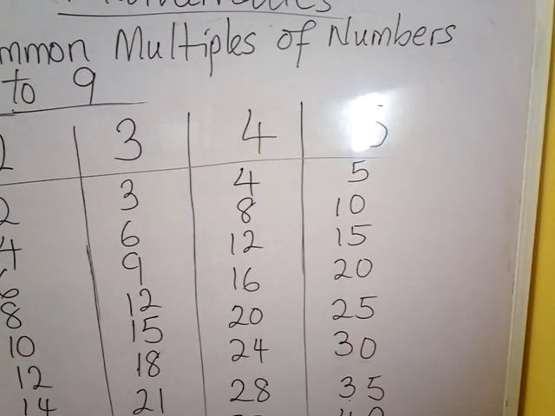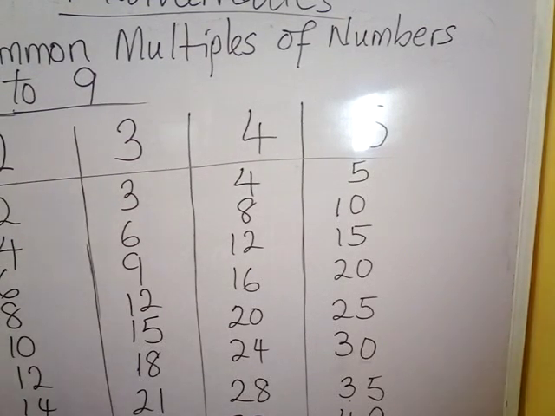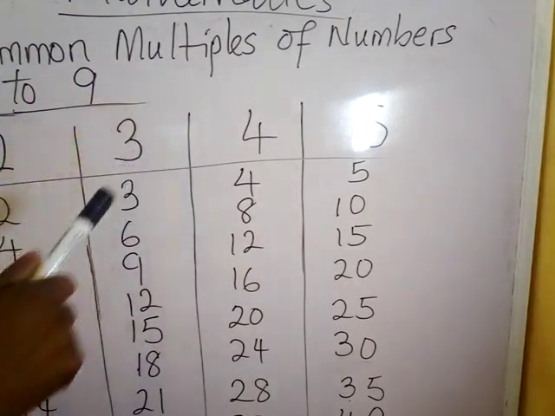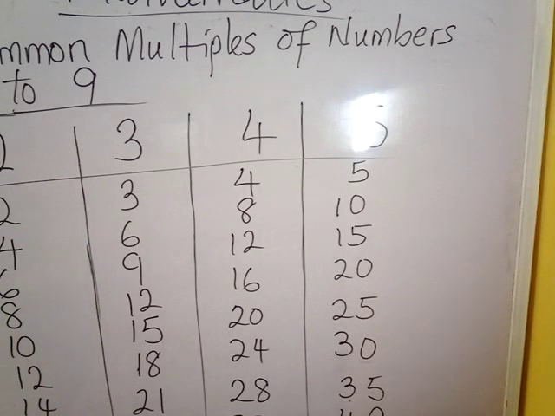Now let's consider the topic again of what we're doing. We're looking at common multiples. We just mentioned what a multiple is, and we gave an example by multiplying 2 and 3, which gave us 6, and we said that 6 is a multiple of 2 and 3.